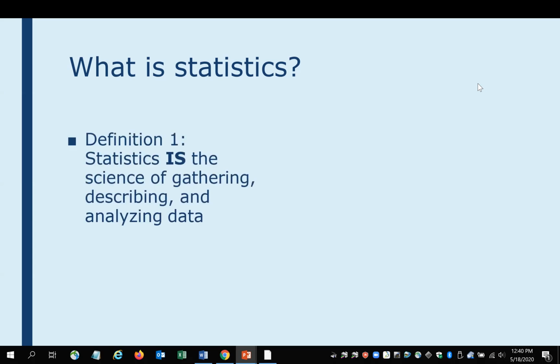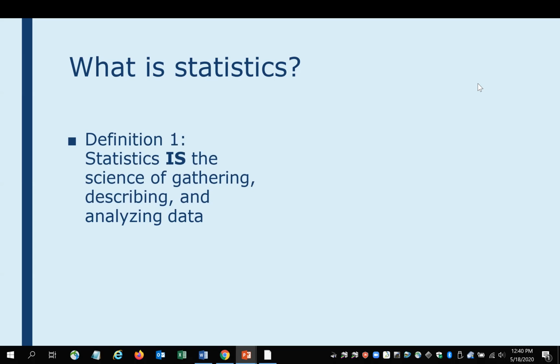The first definition says statistics is the science of gathering, describing, and analyzing data. Notice that in that definition, the word statistics is viewed as a singular object.